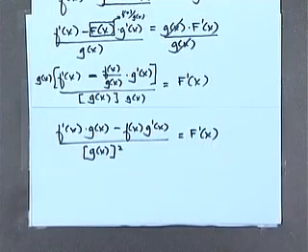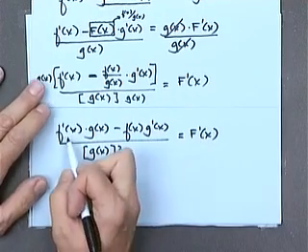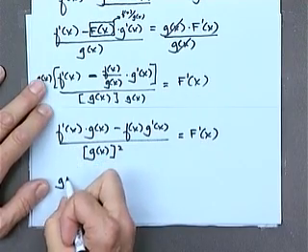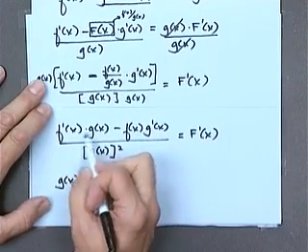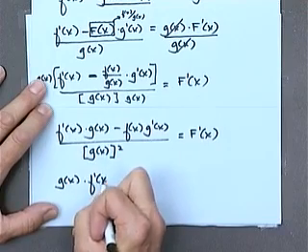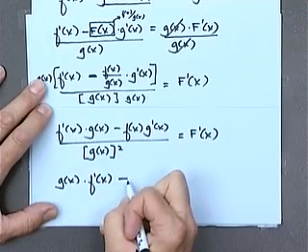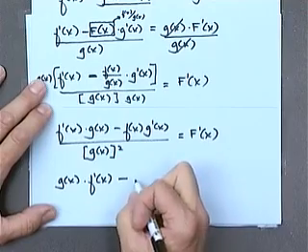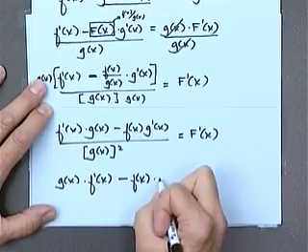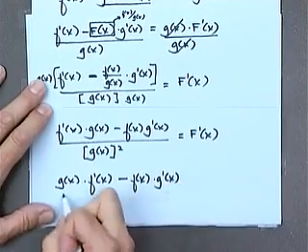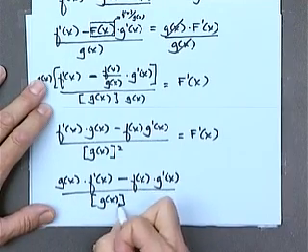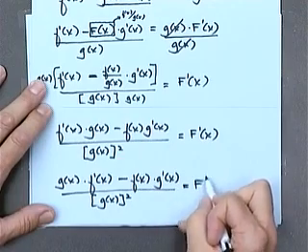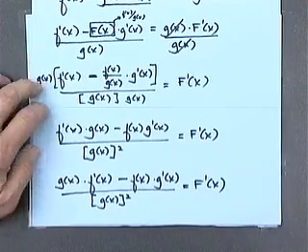Now, I think I'll rewrite that one more time. That's very, very close to probably how you want to use it. I'm going to start with the g of x. I'm just going to commute that order in that product. G of x times f prime minus, that's important, f of x times g prime, so that's our capital F prime.